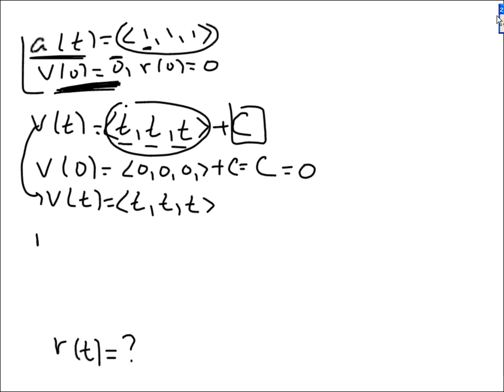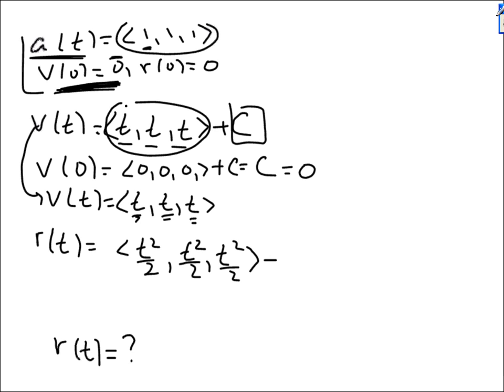Now if I integrate, I'll find r of t. The integral of t is t squared over 2, and of course the same for the others, plus the constant c1, c2, c3. But they gave us an initial value.